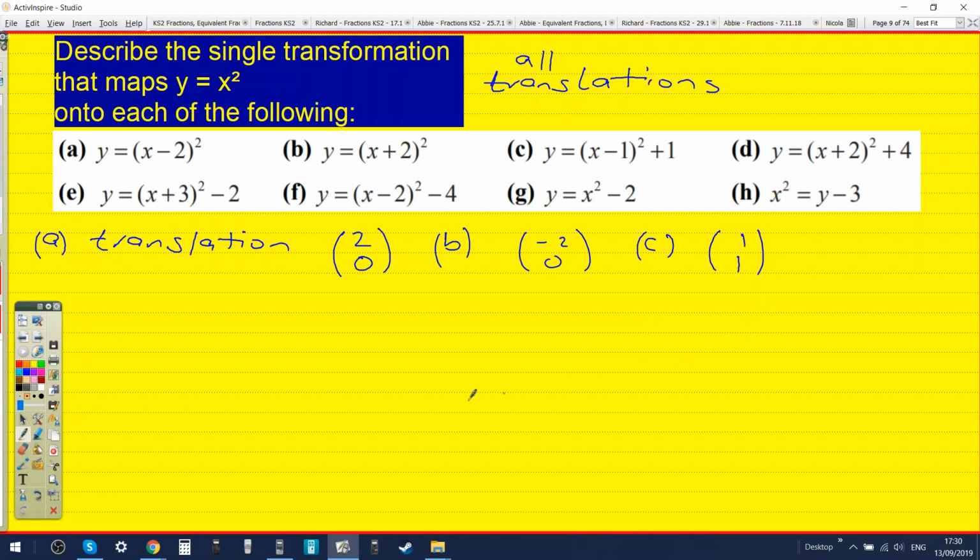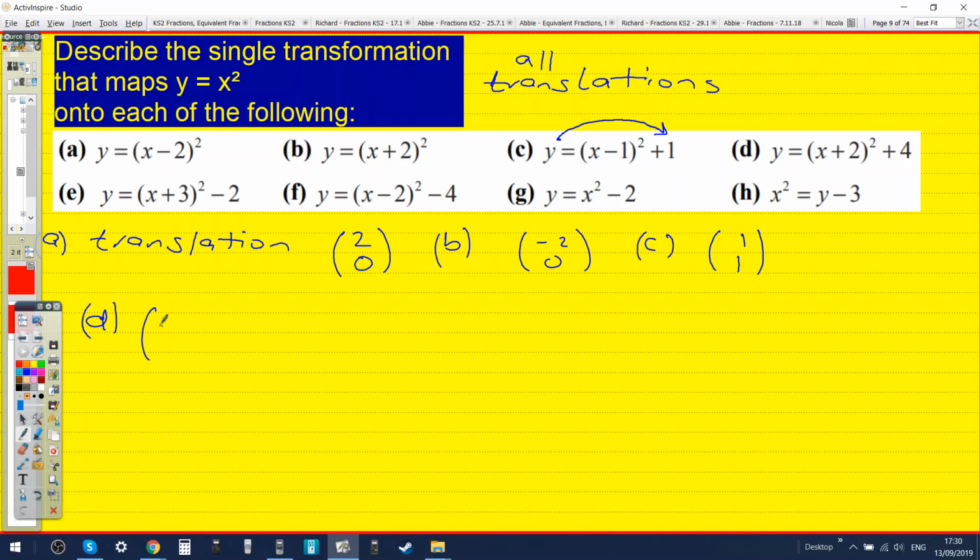So 1 as well. Well done. Okay, so when it's plus 1, for y, it's plus 1. Yes, and that's because they already moved it onto the other side of the equal sign. Okay, part D. Two places to the left, so minus 2, and 4 places upwards, so 4.